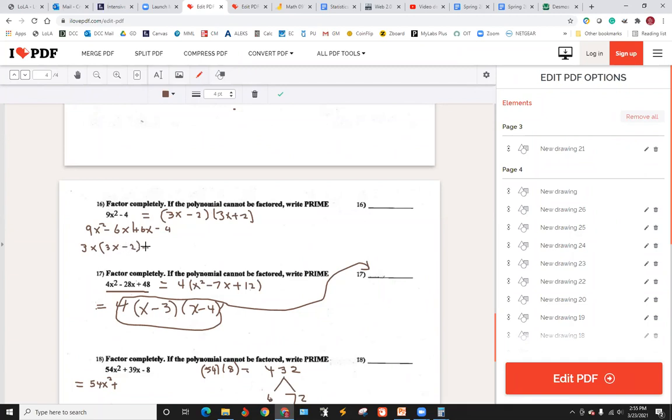Bring down that sign. And then there's 2 there. So same thing happens. You got 3x minus 2, 3x plus 2. So you can still handle them like that.